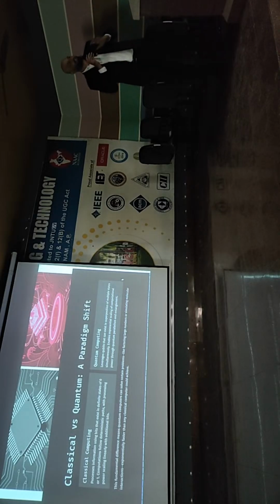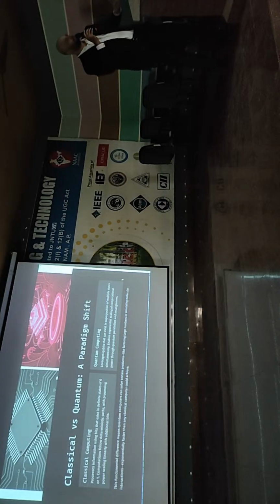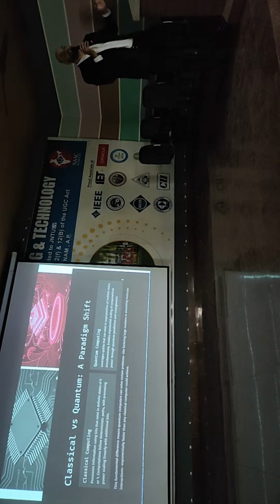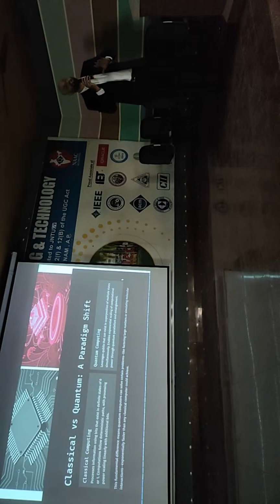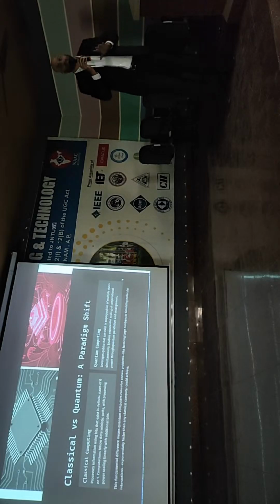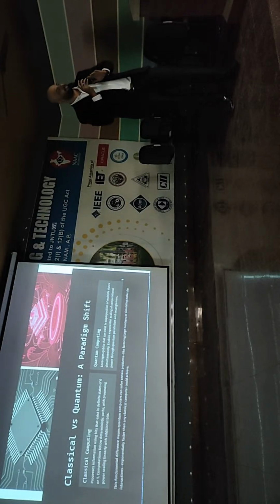So I just want to start with a classical computer. A classical computer is our laptops, PCs, supercomputers, even mainframe computers. Even though I call supercomputers and mainframes normal classical computers, it's because of just one reason. They lack something called superposition.